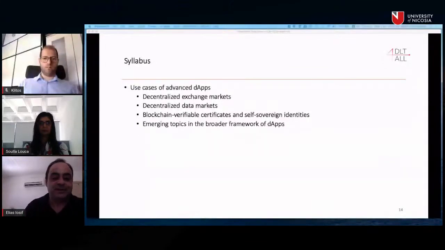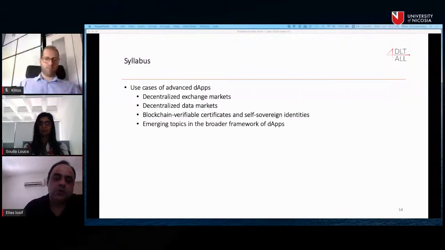Regardless of the target group, the presentation of real life use cases is an excellent way to see how, let's use the cliche expression, the theory applies to practice.